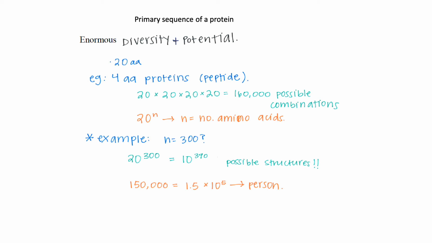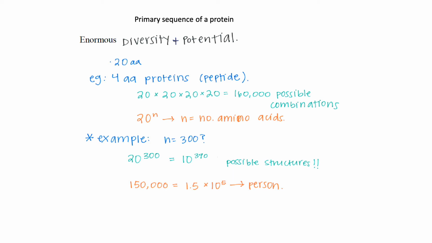So if we have a 4 amino acid peptide, the first position could be 1 of 20, second position 1 of 20, third position 1 of 20, fourth position 1 of 20, which equals 160,000 possible combinations. 160,000 possible combinations from just 4 amino acids.